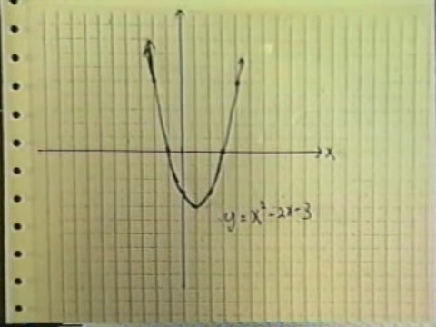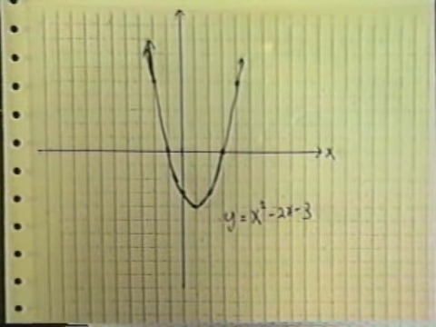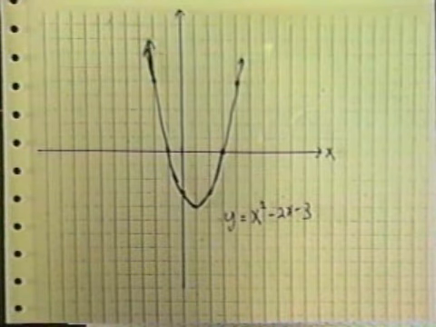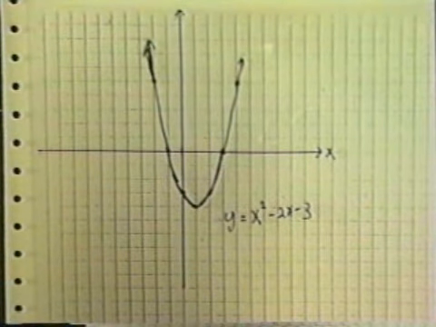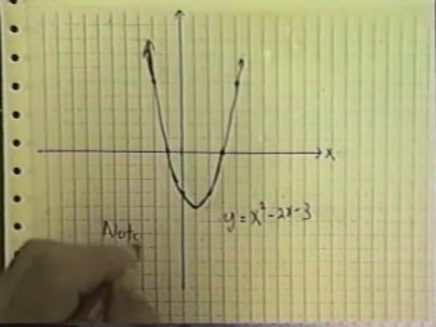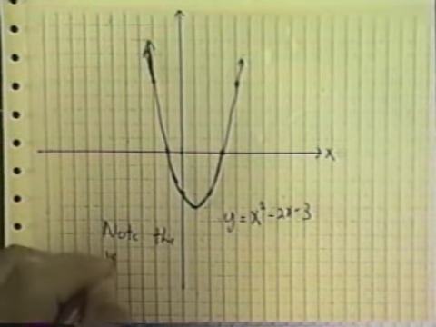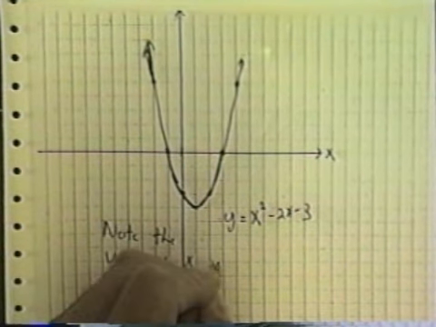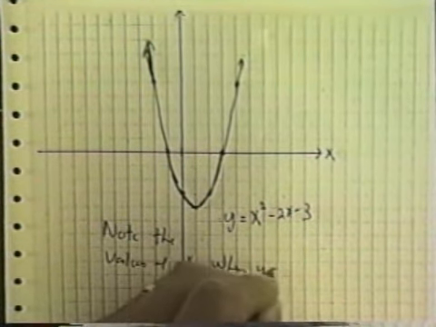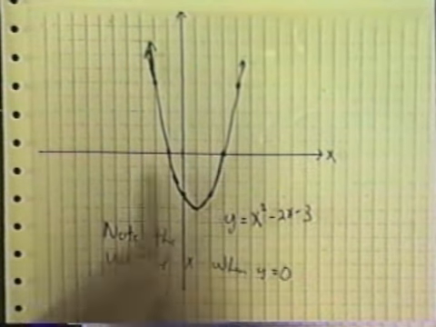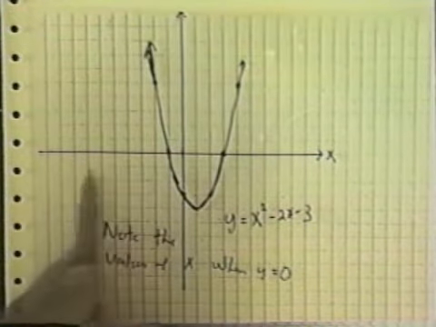Now let's go back and look at the graph y is equal to x squared minus 2x minus 3. And let's note the x-intercepts. Or let's note the values of x when y is equal to 0. Now y is 0 all along the x-axis.